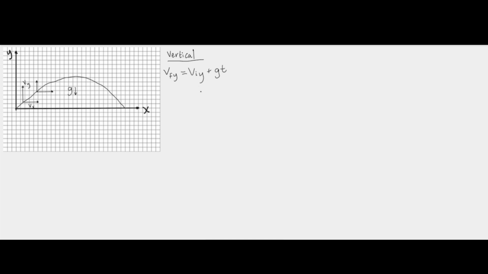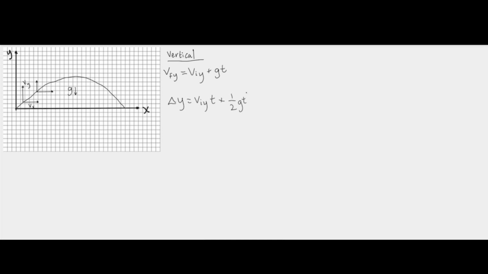The second equation of motion is the change in position, which we've seen before. So delta y equals the initial velocity in the y direction times time. Velocity times time gets me the correct units for displacement, plus the component that's affected by acceleration, which is 1/2 gt squared.